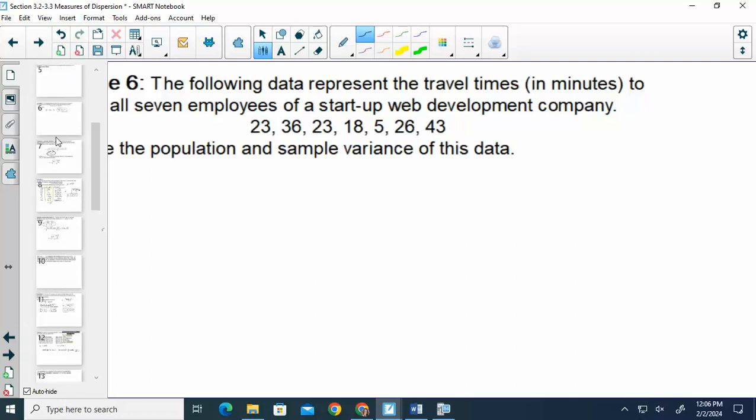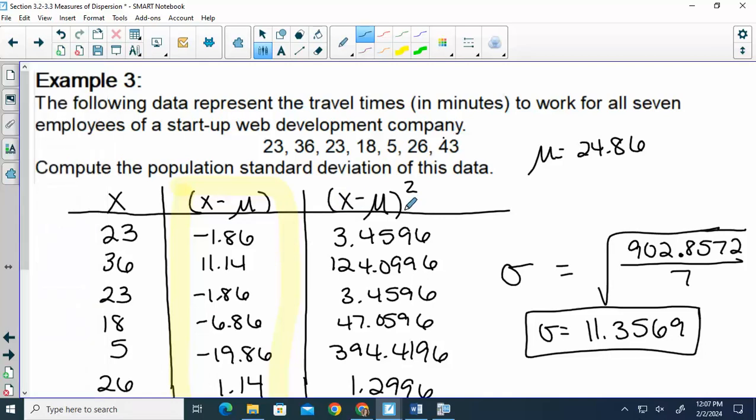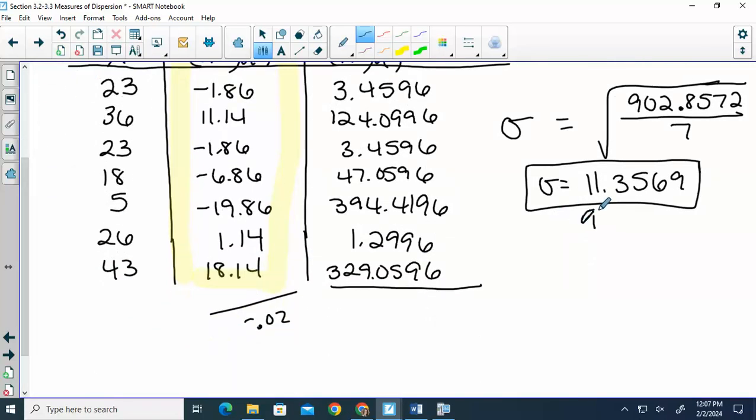So if I wanted to go back and find the variance of my 7 employees, if we go back and look at that slide, okay. There were my 7 employees. So this is my standard deviation. The variance is just that number squared.